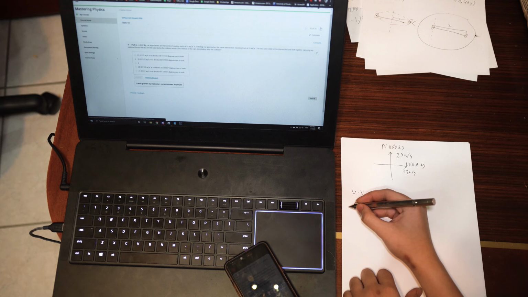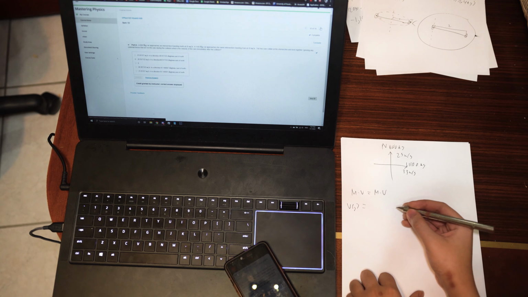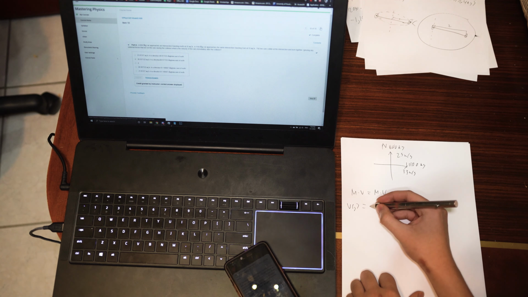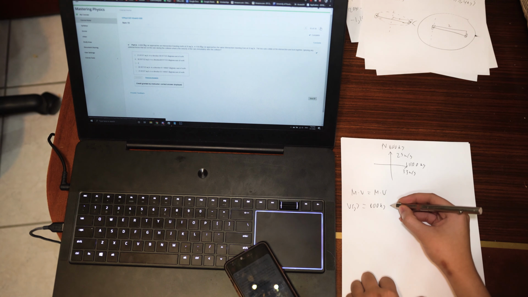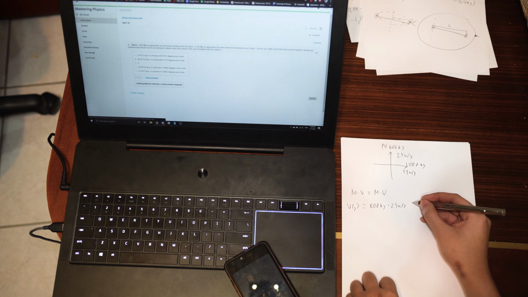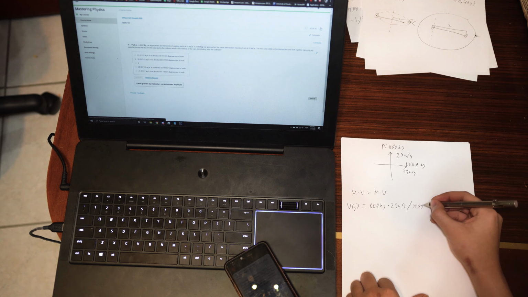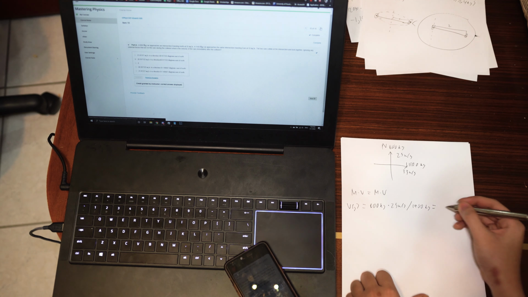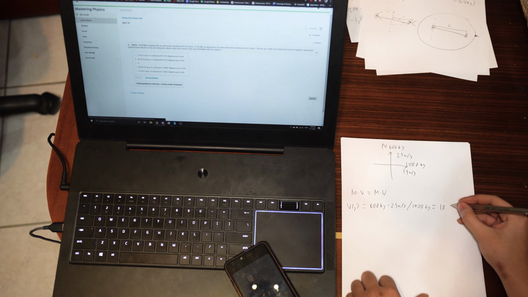So if I want to solve for the velocity in, let's say, the y direction, all that I need to do for that is I need to get my 800 kilogram car that's traveling by 25 meters a second. I take that and I divide it by the mass of both cars, which is 1900 kilograms. And that gets me a velocity in the y direction of 10.526 meters a second.